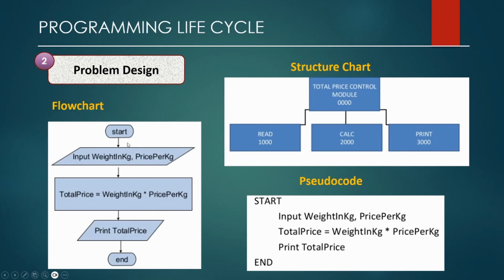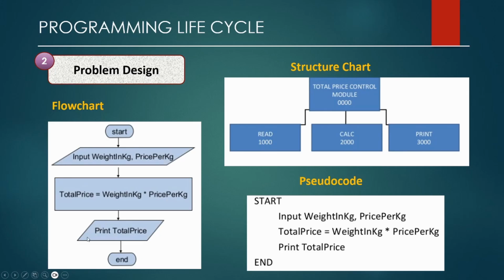First, the beginning of the flowchart is quite important, and also the ending, where we would start with the program start. Next, we go through this rhombus shape. These rhombus shapes represent the input and the output of a program. Just now we mentioned above that we want our input to be the weight in kilograms and the price per kg.